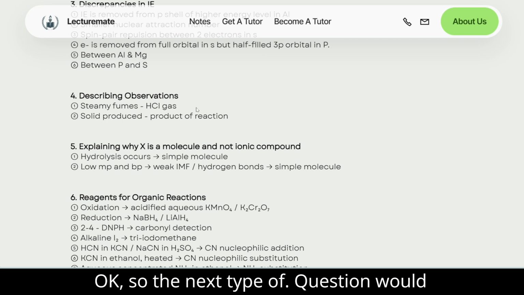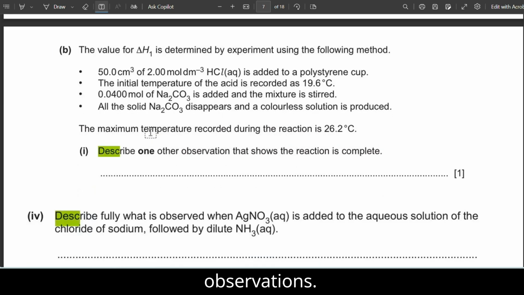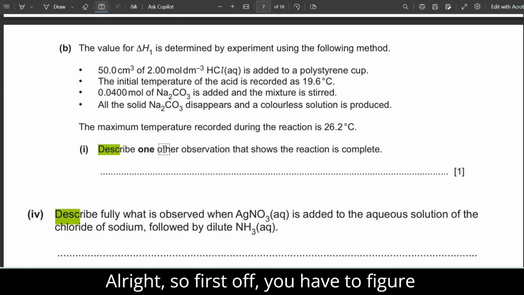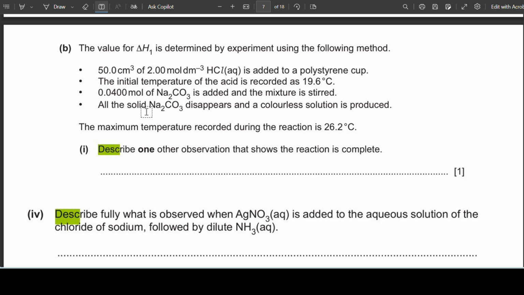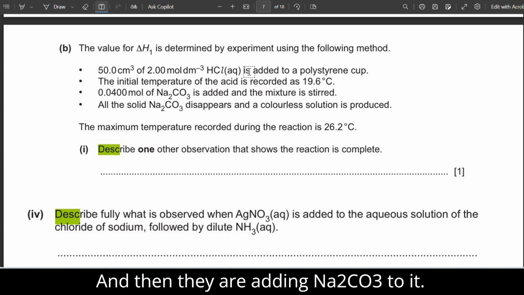The next type of question is where they ask you to describe observations. First off, you have to figure out what is being produced. In this case, HCl is added to a cup, and then they are adding Na2CO3 to it.